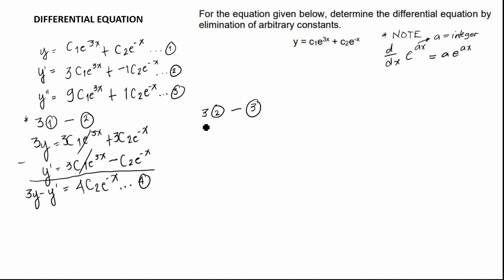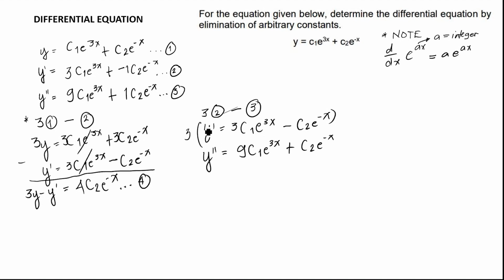Let's have equation 2, y prime is equal to 3c1 e raised to 3x minus c2 e raised to negative x, and then y double prime is equal to 9c1 e raised to 3x plus c2 e raised to negative x. We have to multiply equation 2 by 3.